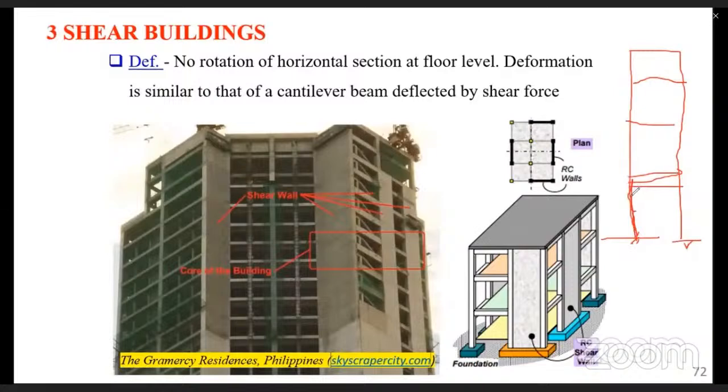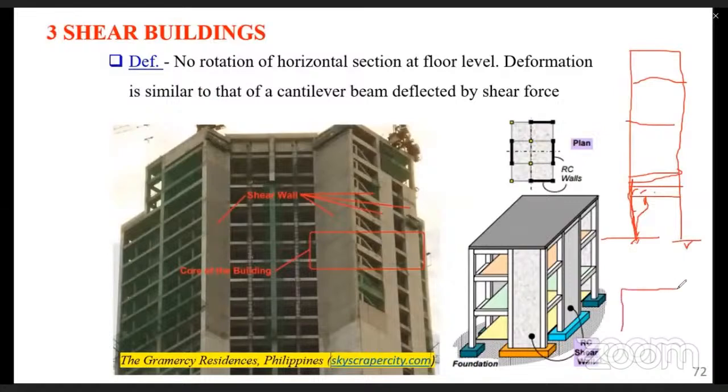So what we are saying is that if this is the floor level here, this part is very rigid, such that the deformation will be like that. When you come to the floor level, there is no rotation. If you are talking of rotation at the floor level, like when you are talking of sway in structures, we talk of something like that.